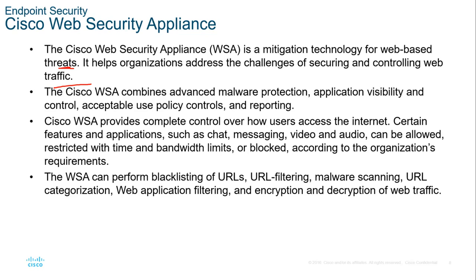Certain features and applications, such as chat, messaging, video, and audio, can be allowed, restricted with time and bandwidth limits, or blocked according to the organization's requirements. So with the Cisco Web Security Appliance, you can limit the chats, messaging, videos, and audio on the network.